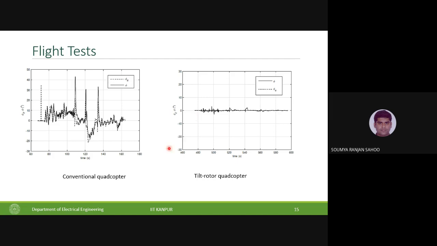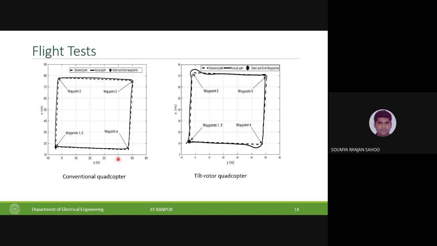Why these waypoints were taken is because we wanted to see, let's say, this is in the y direction, then this is in the x direction, then again in the y direction and x direction. Y direction motions usually require you to roll, x direction motion requires you to pitch, and similarly in this you will require to roll, and here you will require to pitch.